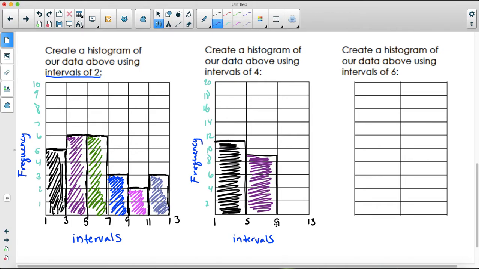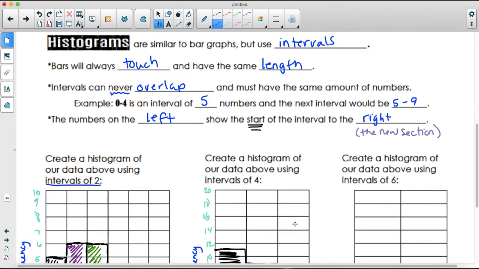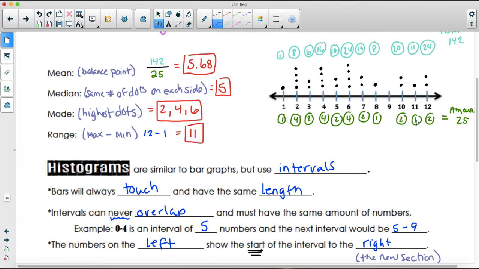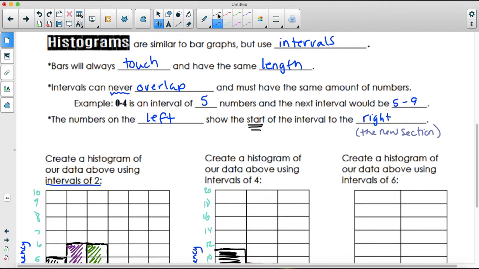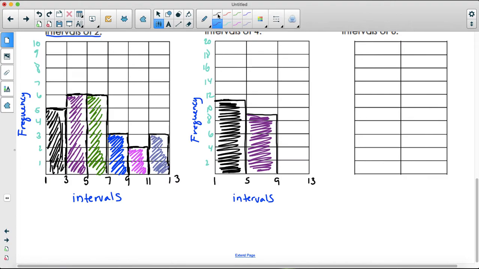And then for September, October, November, and December, we have 2 plus 1 plus 2 is 5. So we'll have 5. And we will color this one in.